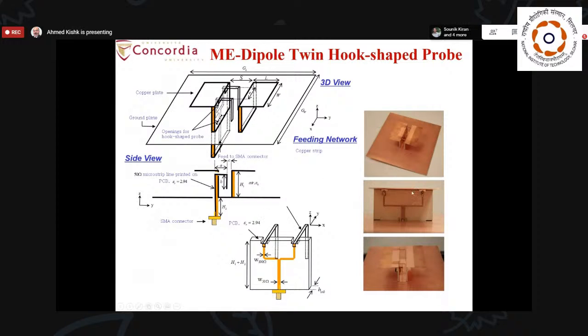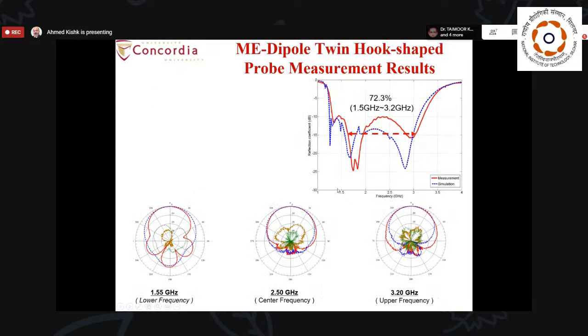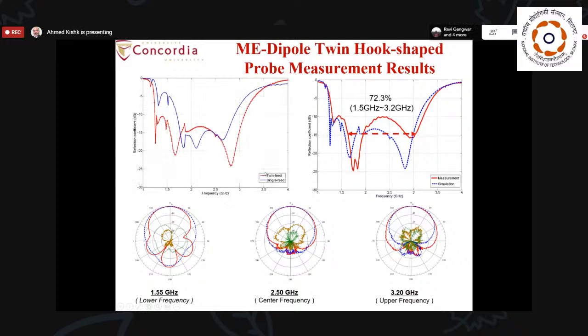This is the printed microstrip on the back of this substrate coming from the back, and the power divider divides the power between the two arms to excite this strip and this strip. This is again giving an even wider bandwidth, with the same radiation characteristics when we have two-probe excitation.